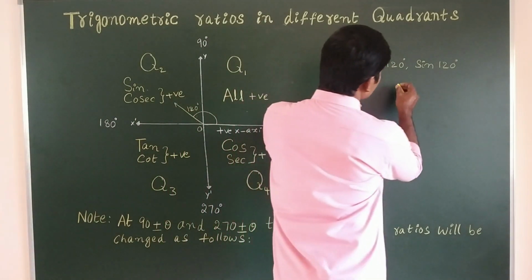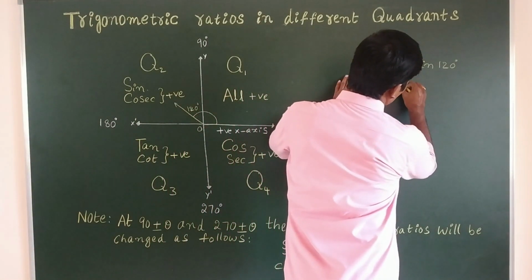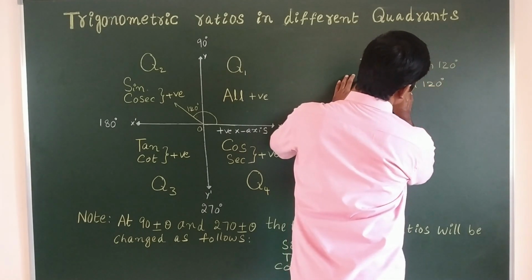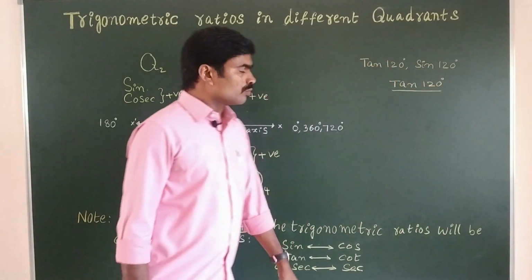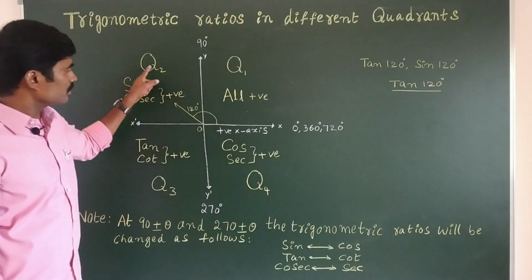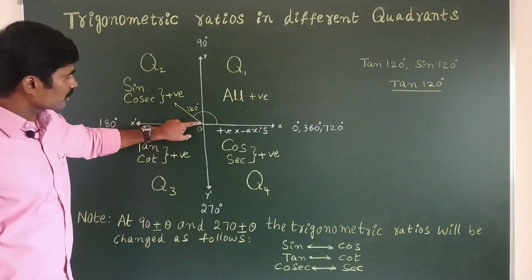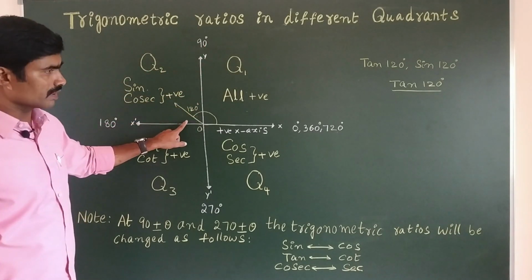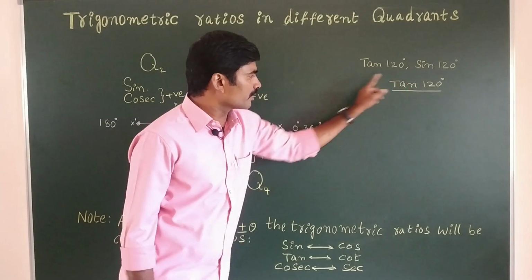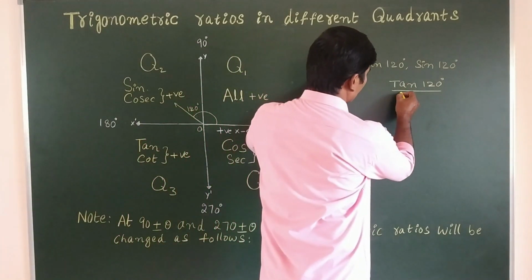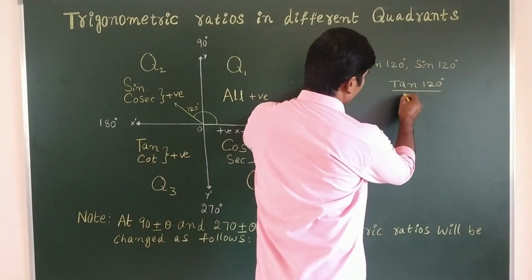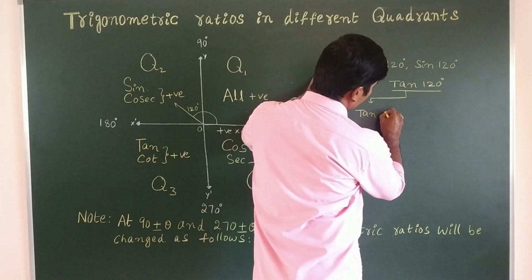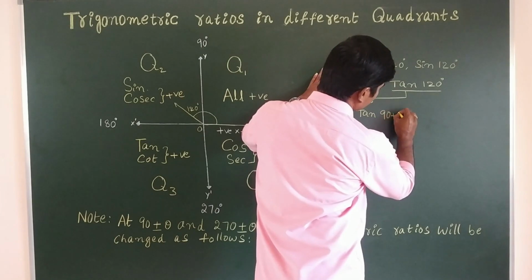First go to tan 120 degrees. 120 degrees lies in Q2. We can write 120 degrees as 90 plus theta or 180 minus theta. 120 means 90 plus 30. So this is the one way. Tan 120 we can write as tan of 90 plus 30 degrees.